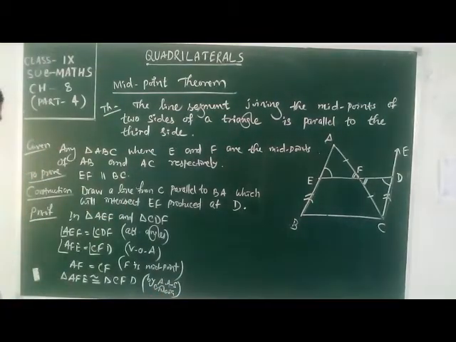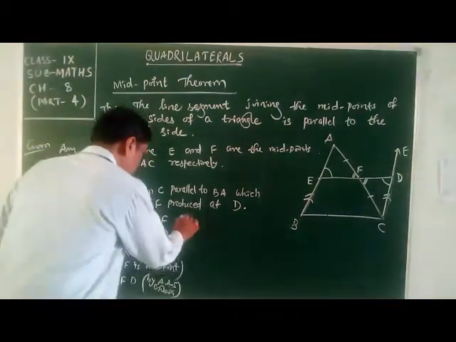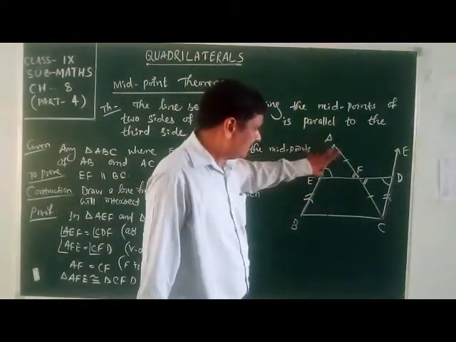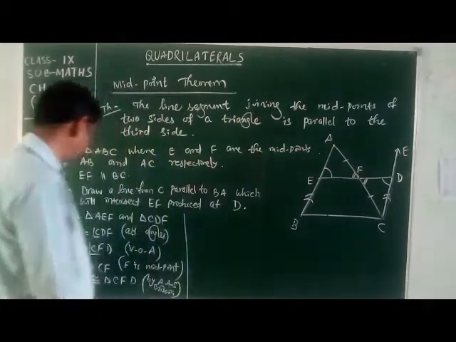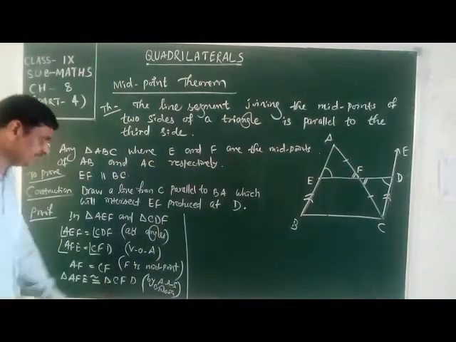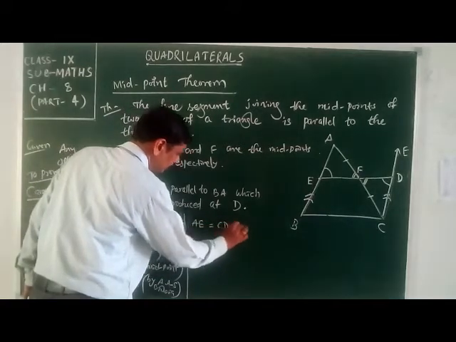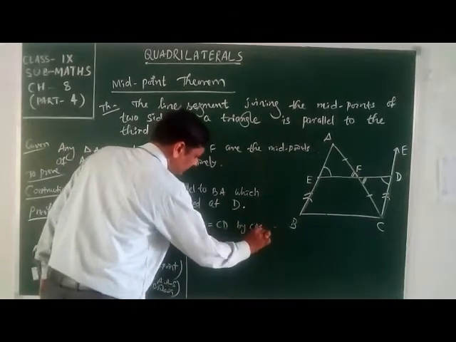Since both the triangles are congruent, AE and CD become equal. AE equals CD by CPC.